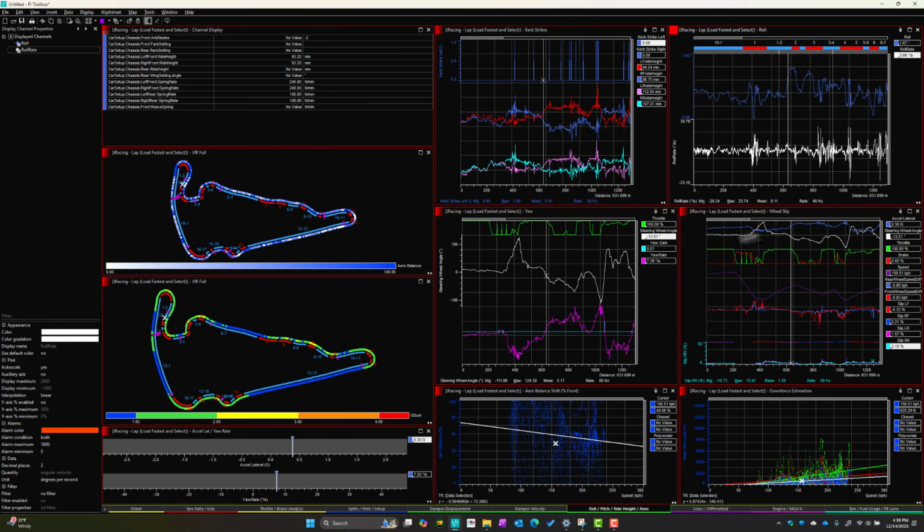And then down below here, again, we see a lot of fundamentals: throttle, brake, steering wheel angle, lateral acceleration. But now we're looking for things like wheel slip, right? This is difference in front wheel speed and actual slip ratios for front and rear. So this could be a good example. This is coming out of a corner.